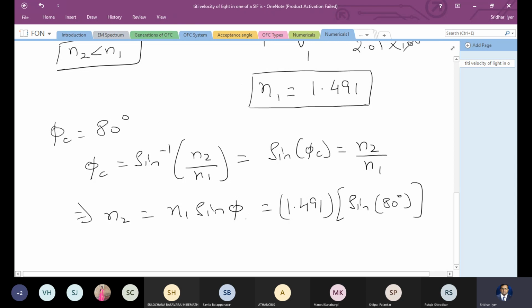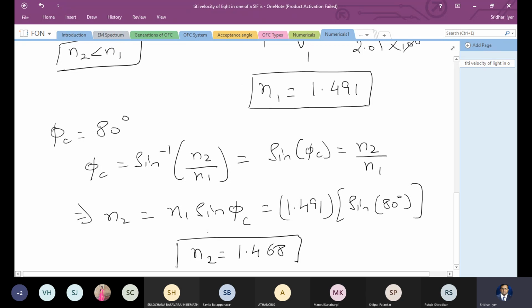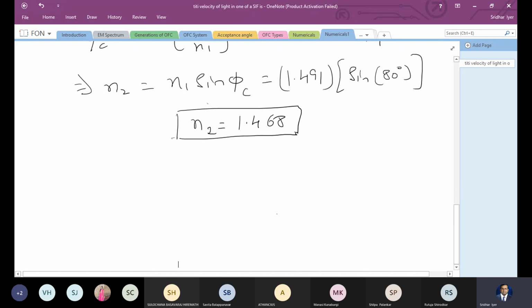If you have a calculator set at degrees, then n2 comes out to be 1.468, right? And from this I know that my answer is right because n2 is less than n1, but they are very close to each other. So from the information given, we have found the values of n1 and n2.